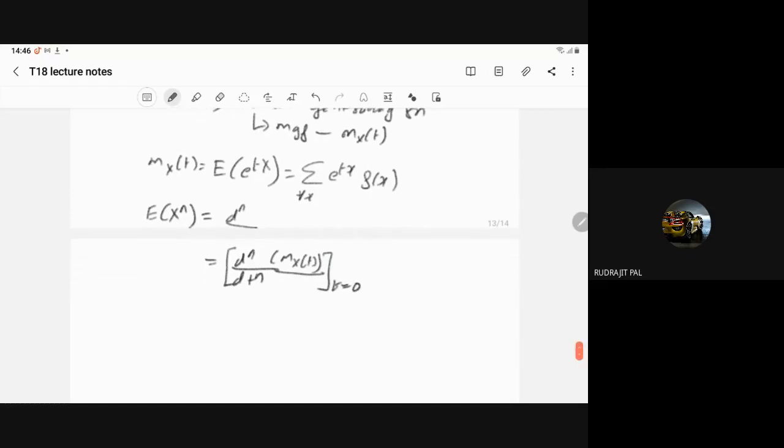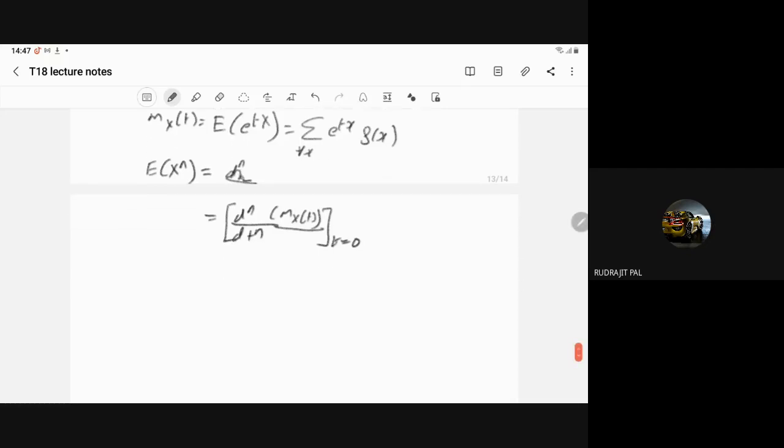That will give you the nth order moment of the random variable X.